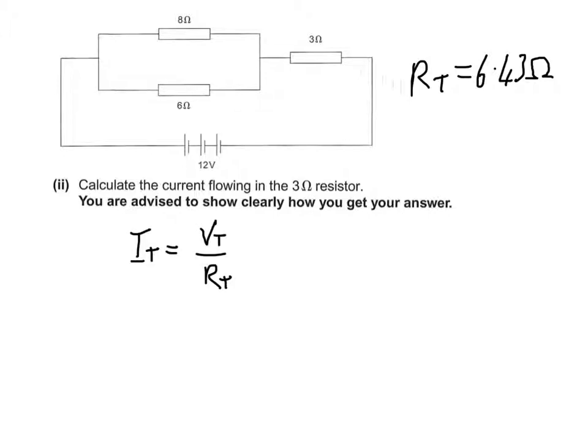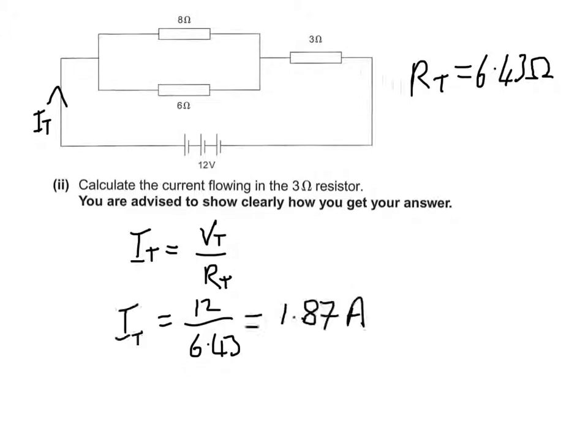So I total is going to just be V total over R total. And we have these numbers. So we get 12 over 6.43. And that gives us 1.87 amperes.